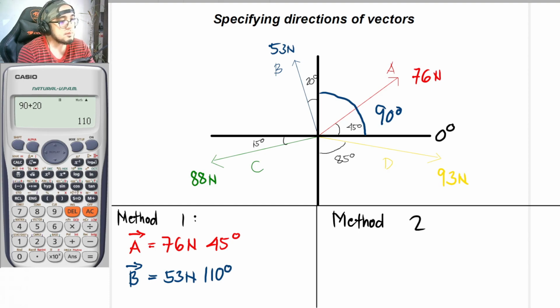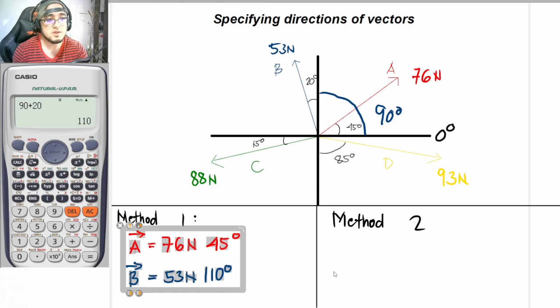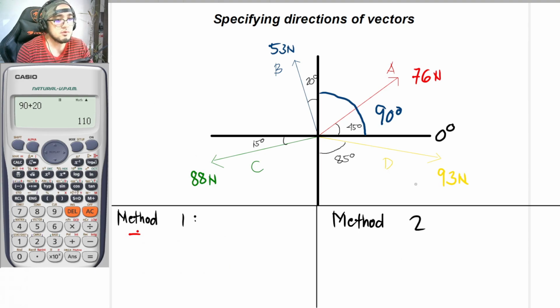What about for the other two? I would just be deleting this for me to have space. For the other two, for 93 and 88 here, for your vector C, this is equal to 88 newtons, its magnitude. And as for the direction, if this is 90, and this is 180, so this is 180 plus 15.